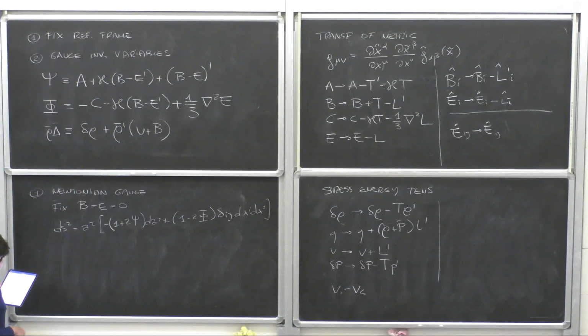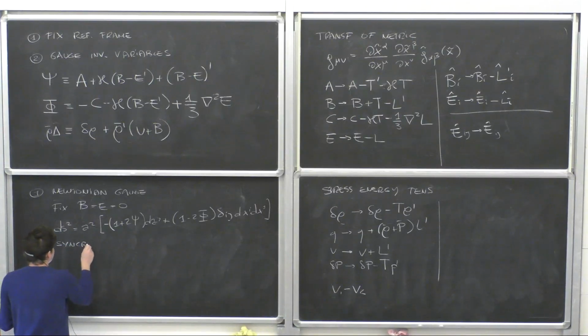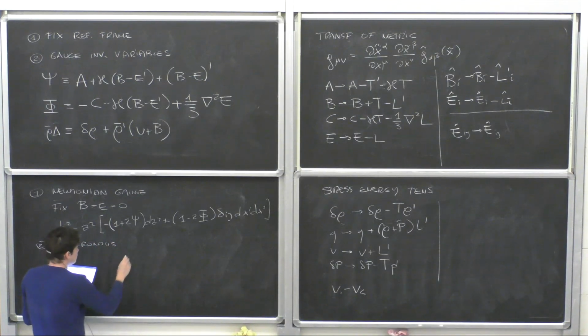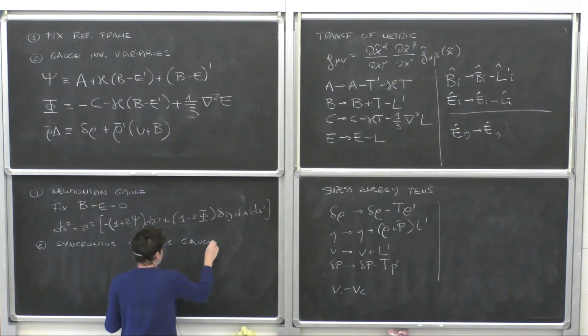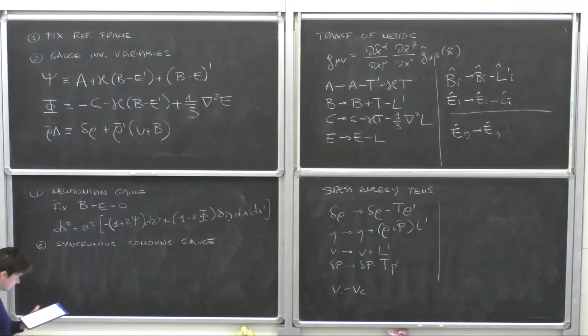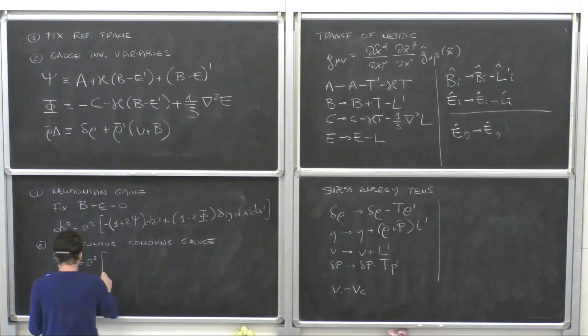So for numerical calculations, people use this other reference frame, which is the synchronous comoving gauge. Now the idea here is that a synchronous reference frame means that time is not perturbed. So I have ds squared equals a squared minus d tau squared.